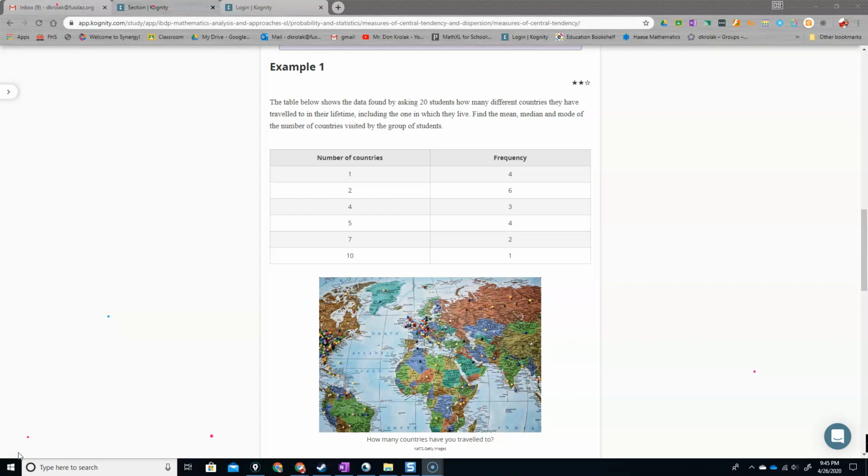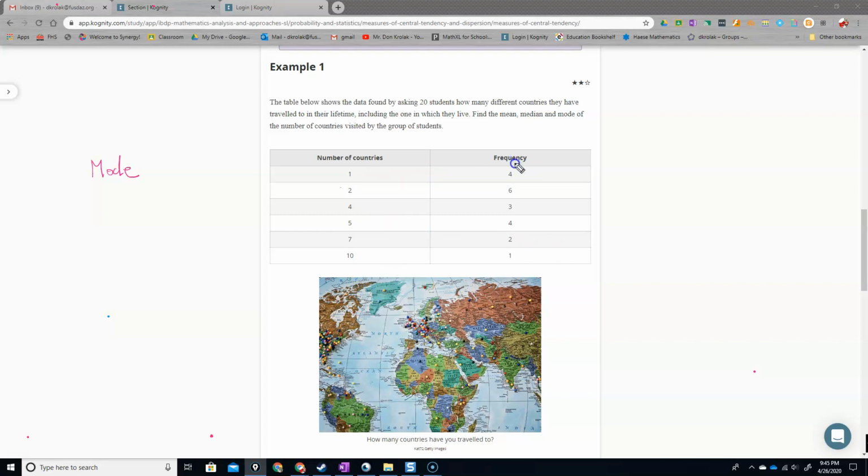All right, well, we know the mode is the one that's most often, so that's pretty straightforward. We can see that the mode in this case would be 2. Now to get the median, we've got to see how many students were actually interviewed.